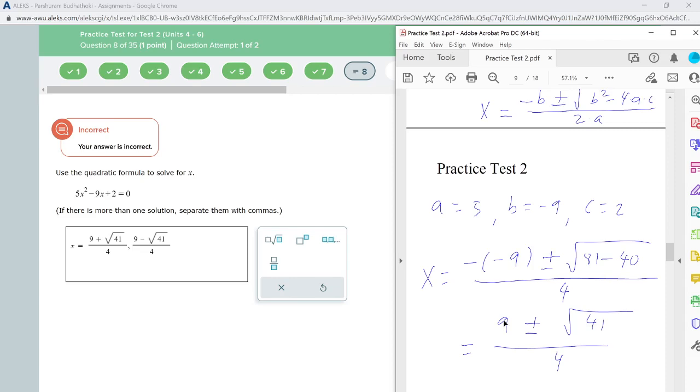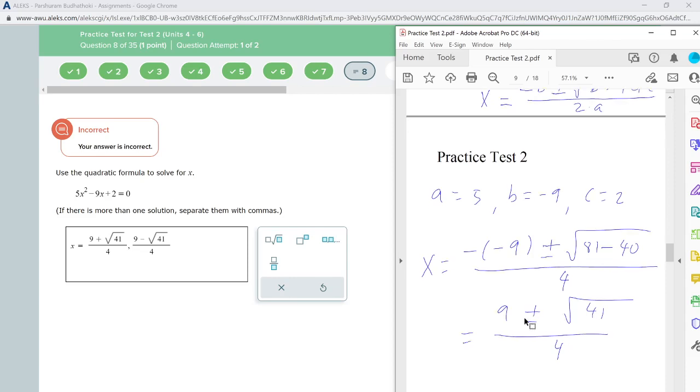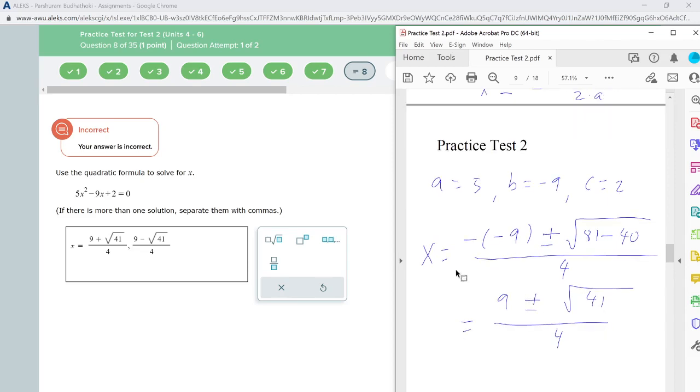So 9 plus square root of 41 and minus square root of 41. I don't know what I'm missing here.